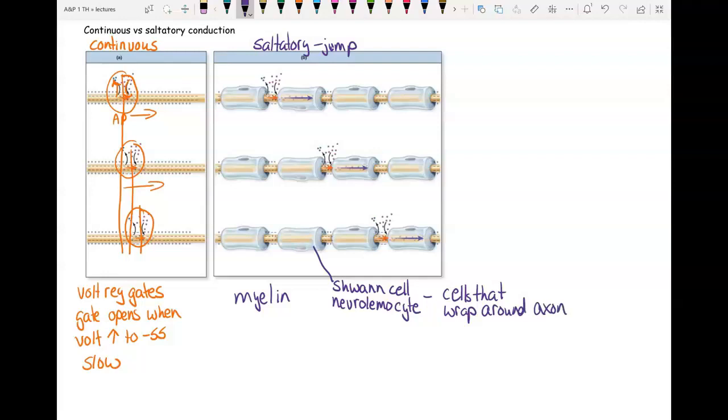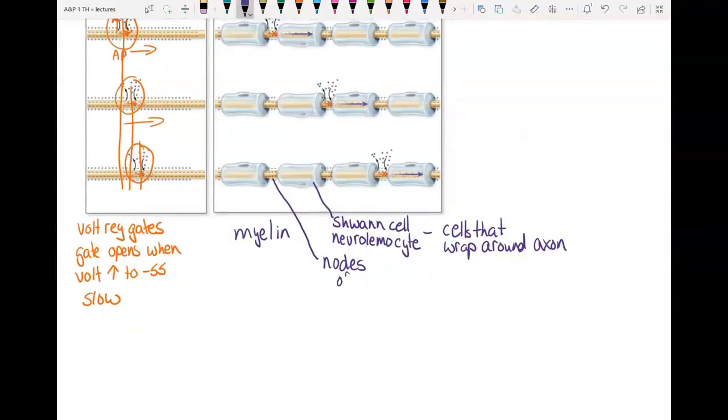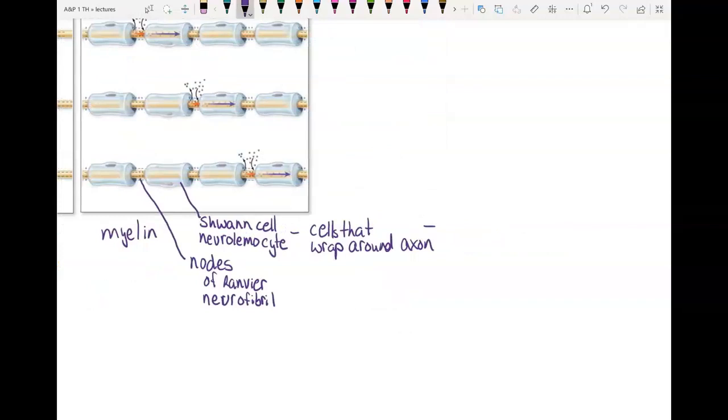There's gaps between the cells. These gaps between them are the nodes. They can be called nodes of Ranvier, or they can be called neurofibril nodes. Wherever the Schwann cell is, it's covering up the axon. So you can't have ions move in and out.